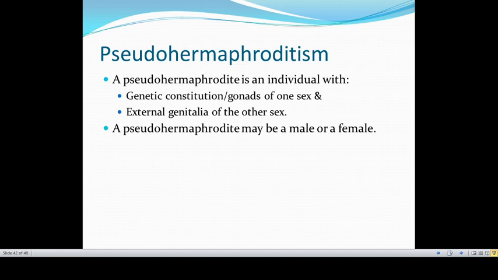A pseudohermaphrodite is an individual with genetic constitution or gonads of one sex and external genitalia of the other sex. A pseudohermaphrodite may be a male or a female.